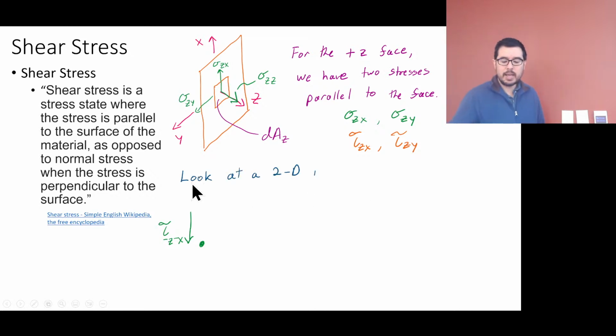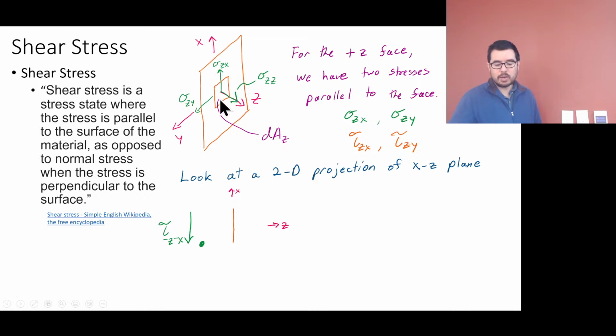So let's look at a 2D projection of the xz plane. This is the x direction, this is the z direction. So here is essentially this entire plane on a line.